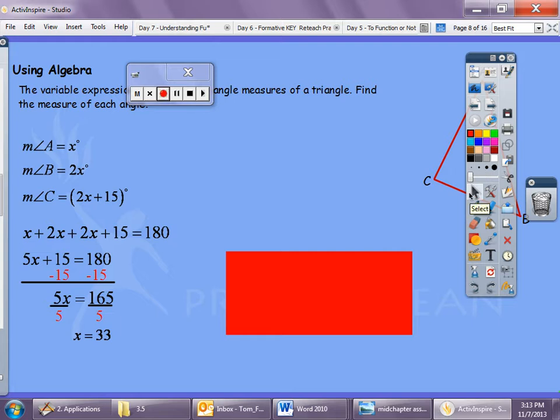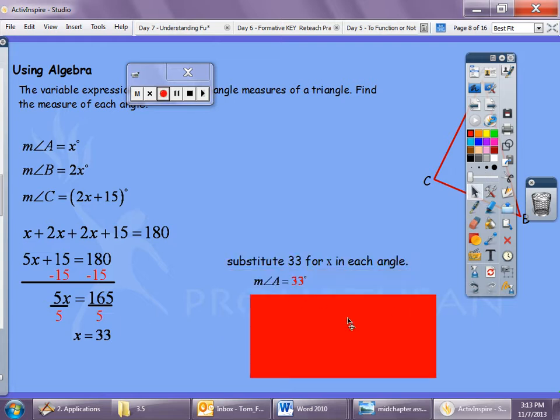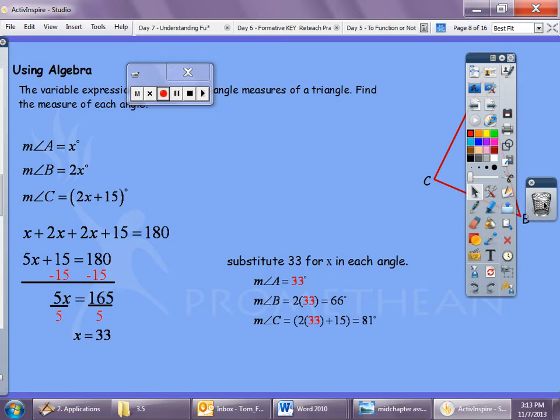So we can substitute 33 back in, and we would get 33 plus 66 plus 81. There are the three angles: 2 times 33 is 66, and 2 times 33 plus 15 is 81. We add them all up: 33 plus 66 plus 81 is 180 degrees. So each of these angles added together is 180 degrees.